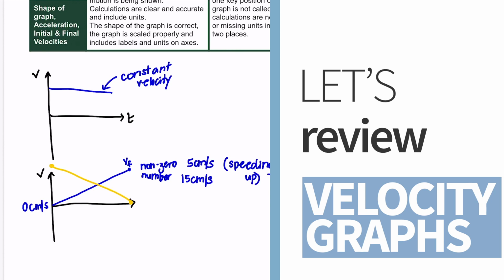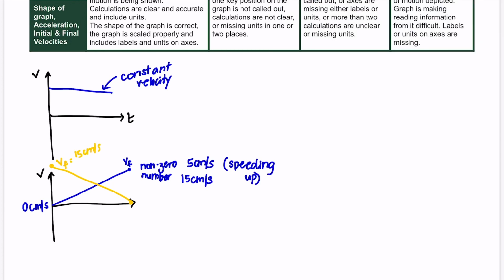And so the initial velocity would be your non-zero number, 15 centimeters per second or maybe 5 centimeters per second, and your final velocity is going to be 0 centimeters per second. And so that's slowing down.